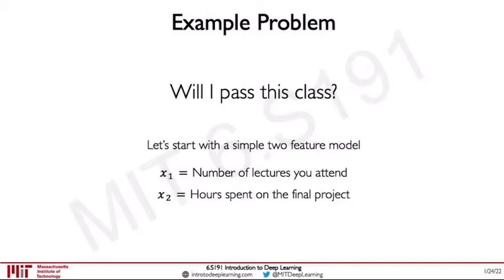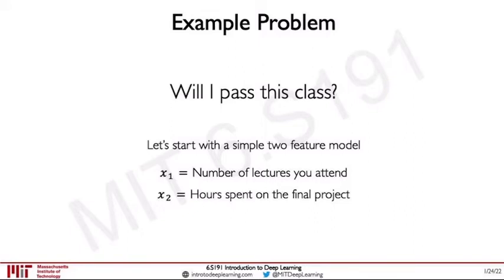If the class has a final project, and the final project is highly weighted, when you spend more time on it, that will increase your chance of passing the class. And what about the number of lectures you attend? So we've already identified two features that may determine somebody passing the class, which is a classification problem, right?